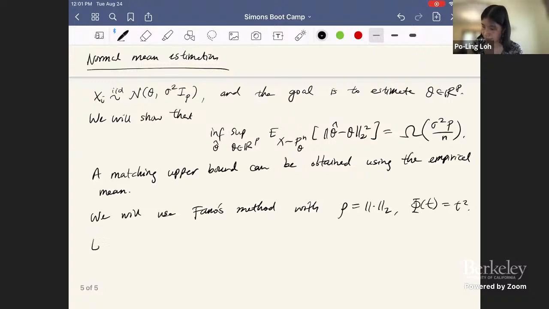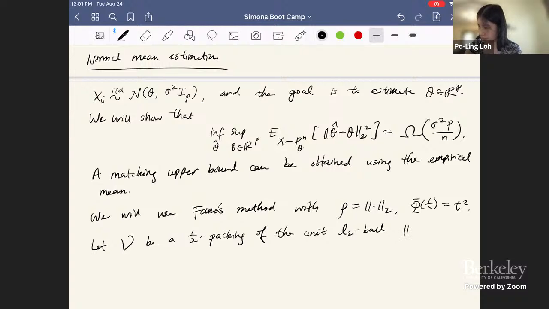Now, let script V be a 1/2 packing of the unit L2 ball. We'll use this notation again later. Let's call it B2 of 1 in the L2 norm. So what do I mean by 1/2 packing? Well, this is the language of metric entropy.